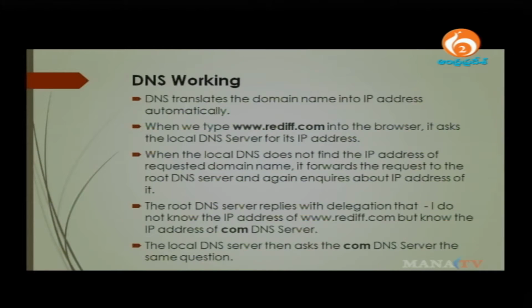Like this it will go on till it reaches the root DNS server. Once it reaches the root DNS server, the root DNS server replies with a delegation: I do not know the IP address of www.rediff.com, but I know the IP address of the com DNS server.